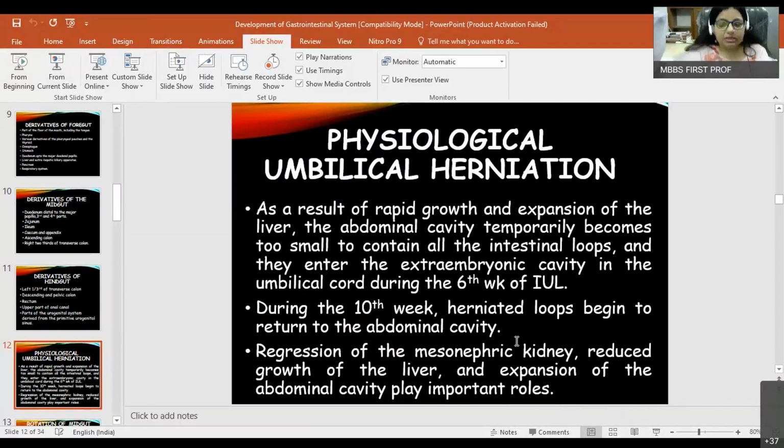And this happens because the mesonephric kidney regresses, growth of the liver is also reduced, and abdominal cavity expands, as I've told you. So this portion of the developing GIT is very important.